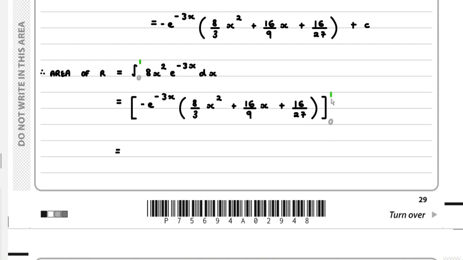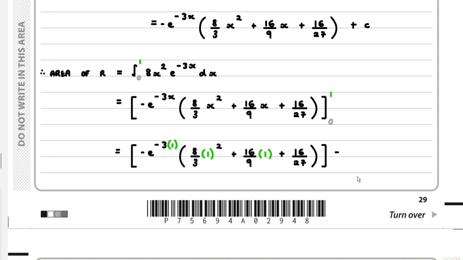So substituting in 1 for our upper limit, we have negative e to the negative 3 multiplied by 8/3 multiplied by 1 squared plus 16/9 multiplied by 1 plus 16/27. For our lower limit, we have negative e to the 0 multiplied by 16/27, because when I substitute in 0 into 8/3 x squared and 16/9 x, I end up with 0. And then we need to find the difference between these.